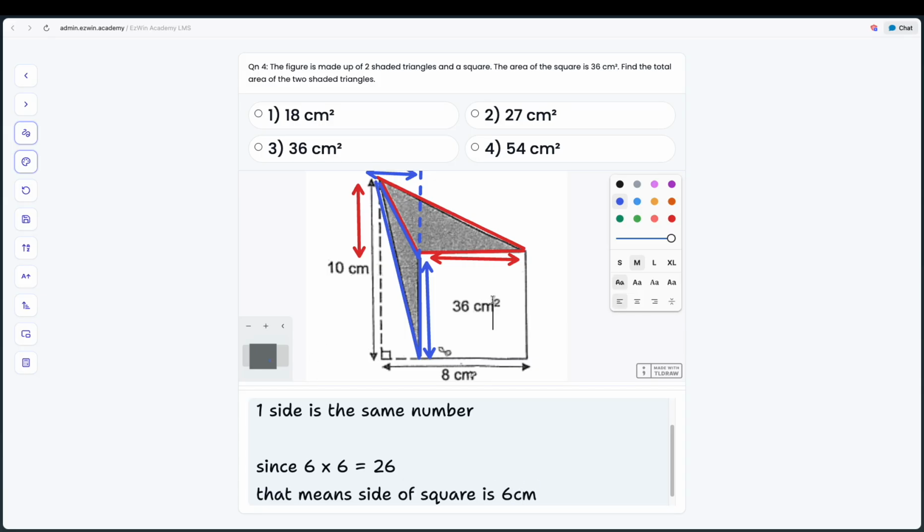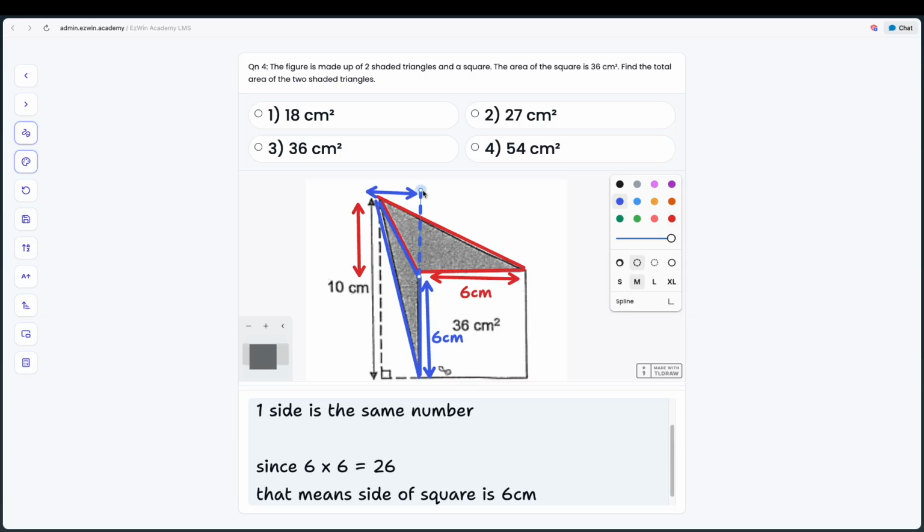So we're going to write down 6 centimeters for both the blue triangle and the red triangle. For the red triangle, what is the height? Since this is 6 centimeters, and the height of this red triangle will look something like this, basically it is just 10 minus 6, as you can see over here.